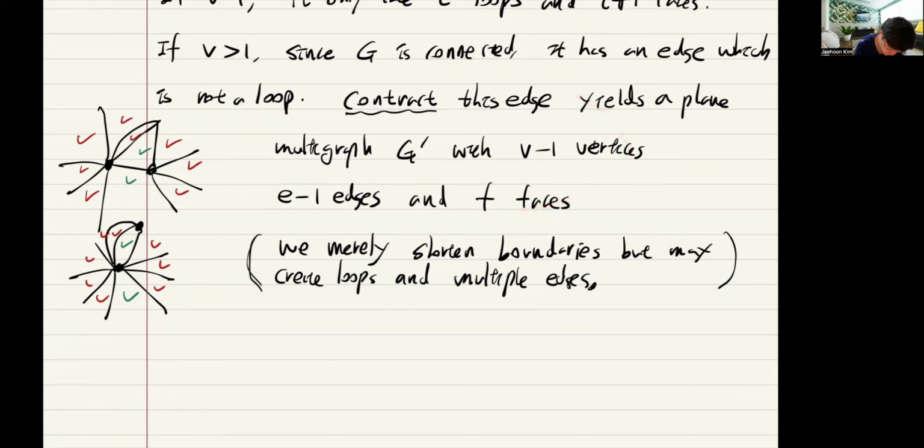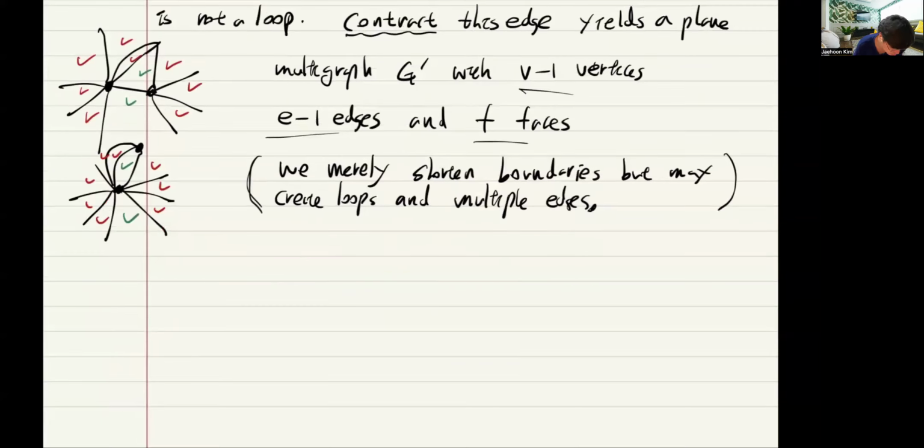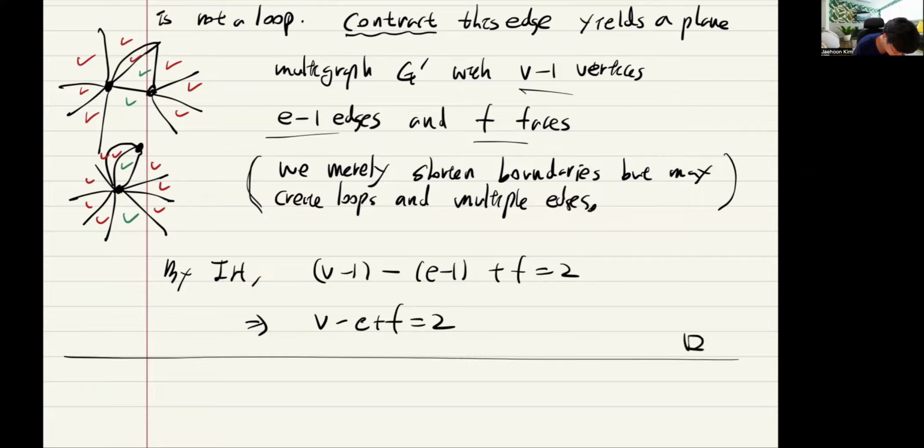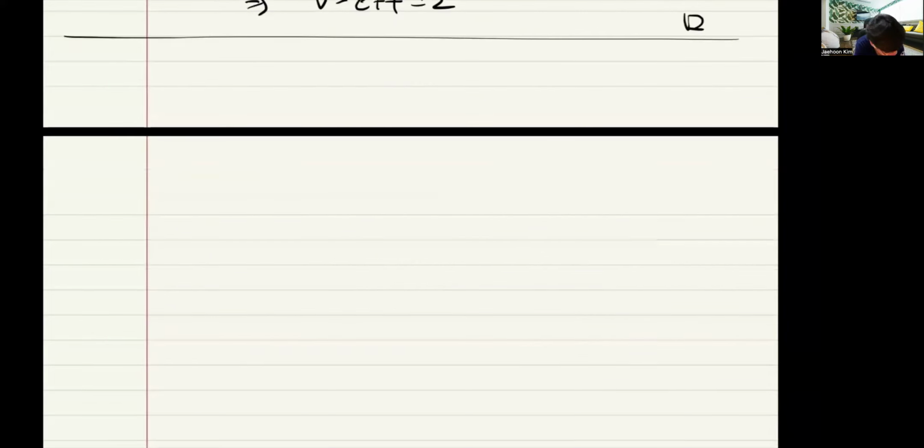But anyway, the point is that the number of vertices and edges decreased by 1, but the number of faces stayed. By the induction hypothesis, we know that p minus 1 minus (e minus 1) plus f is 2. That implies that p minus e plus f is 2. So we can prove Euler's formula.